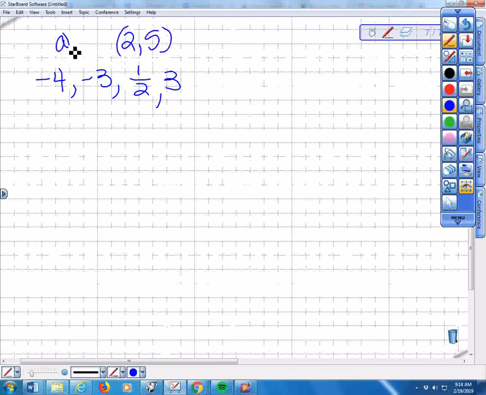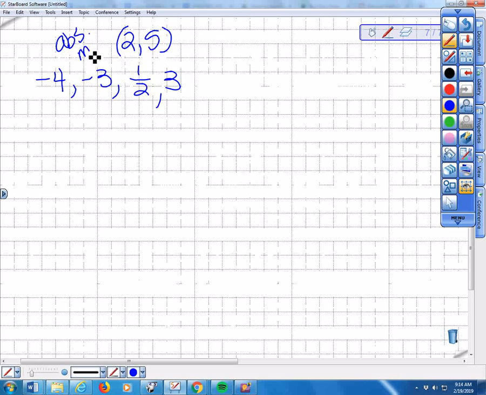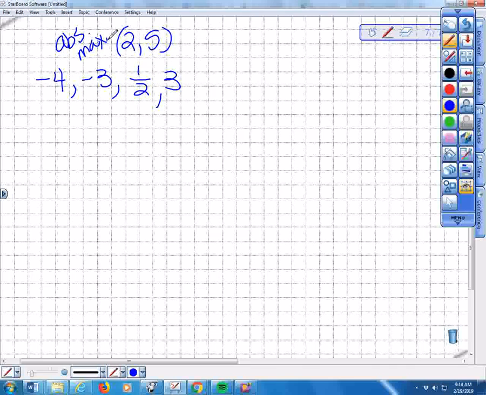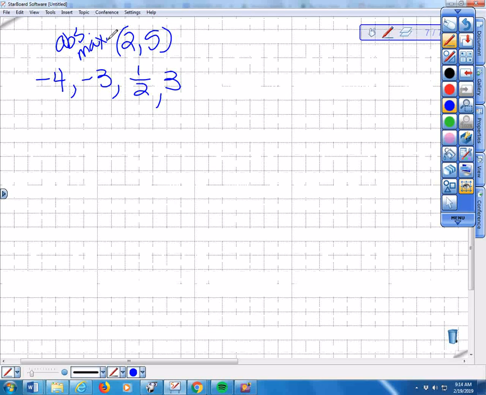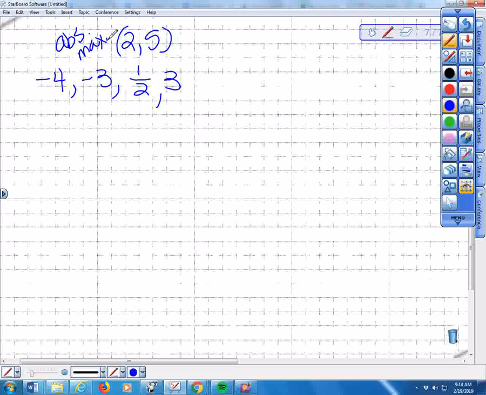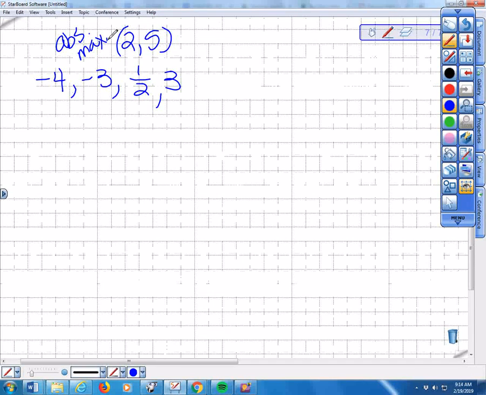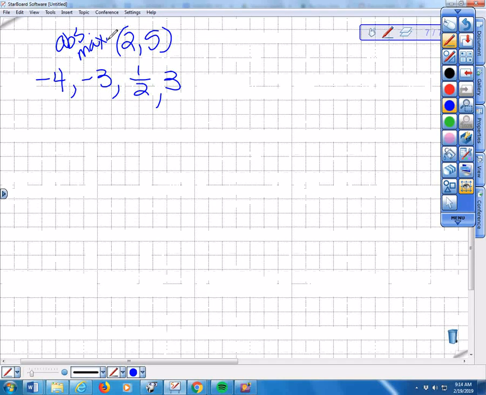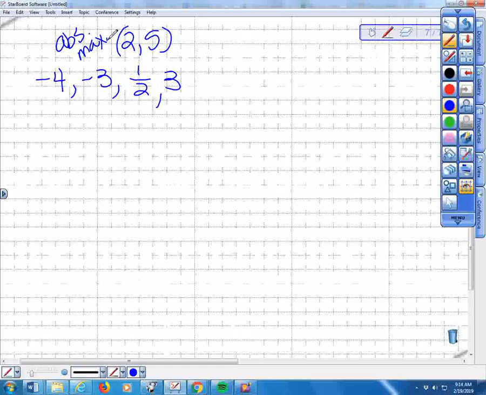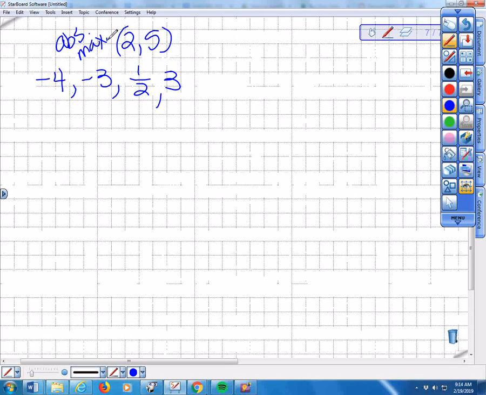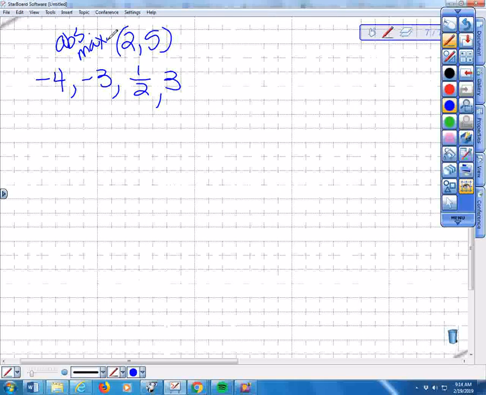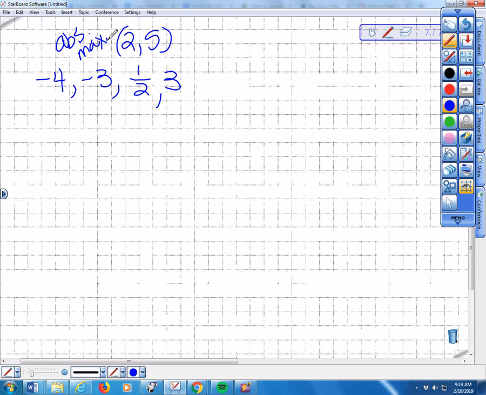Absolute maximum, not local. So if it has this many zeros, what kind of function is it? What's the degree? The minimum. Minimum degree. Fourth degree. Is that even or odd? Even. It didn't tell me whether it was negative, so we're just going to assume positive.